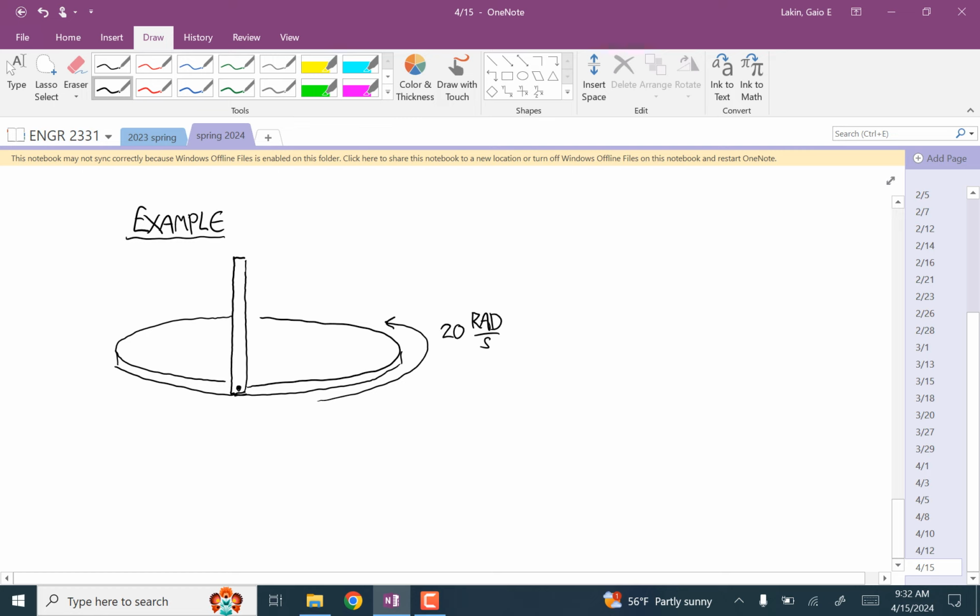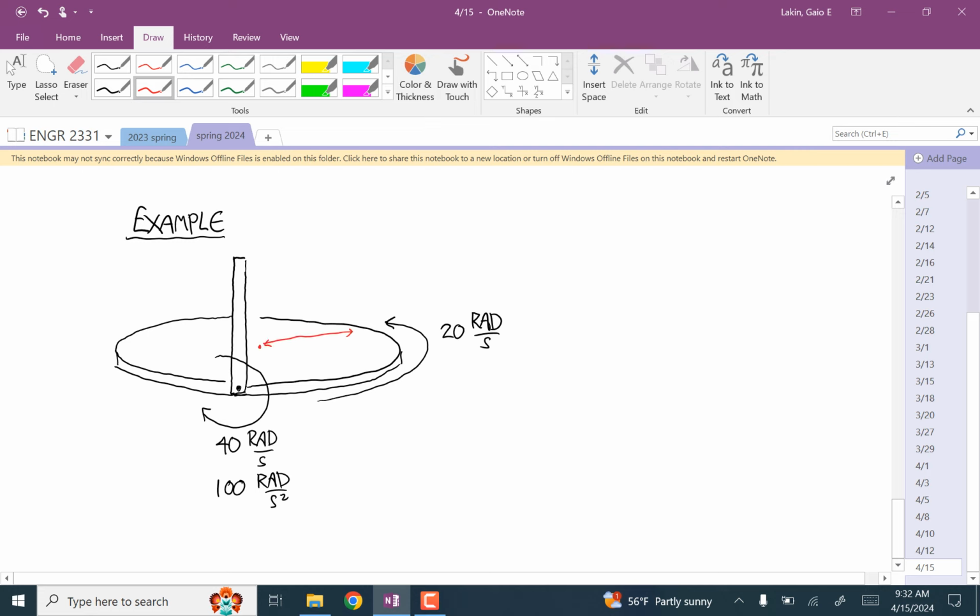And the arm is rotating around this way at 40 radians per second. And let's say it also has an angular acceleration of 100 radians per second squared in that same direction. And we'll give these some small dimensions.